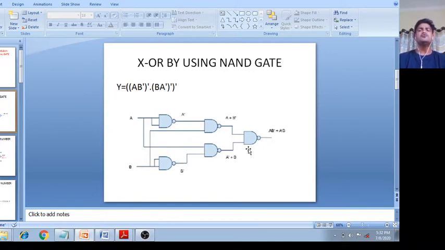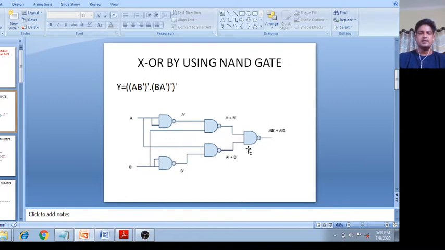Now you have to learn how to implement any Boolean function by using a minimum number of NAND gates or a minimum number of NOR gates. What is the advantage of implementing any function by using a minimum number of NAND or NOR gates? It will require fewer gates, so less hardware cost, and speed will be more.